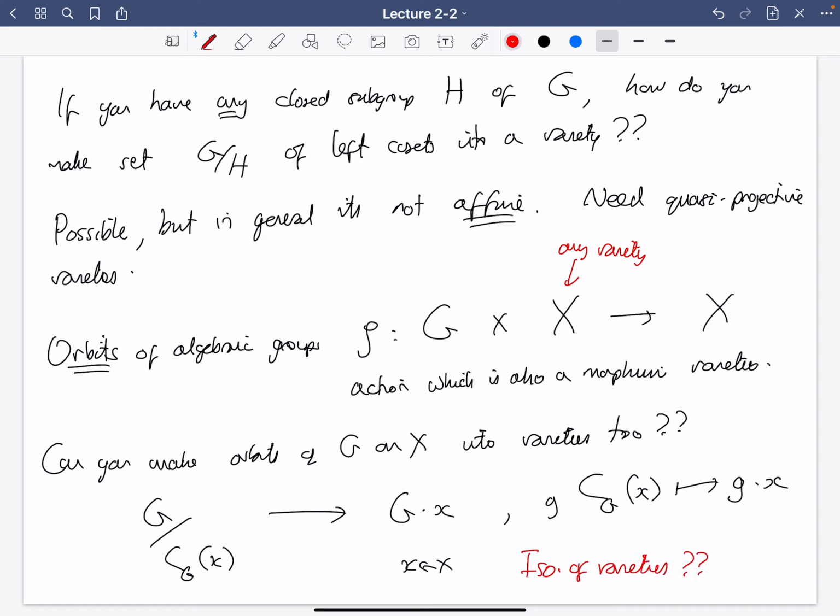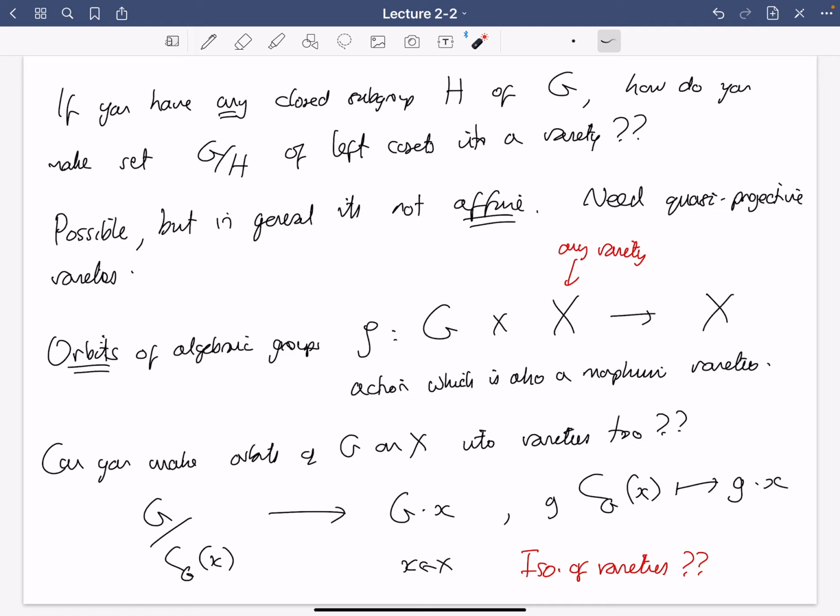On the previous slide, we were discussing these coset spaces when H was a normal subgroup and you're expecting that quotient to be an affine variety. If you go to more general closed subgroups, there's a way to make that coset space into a variety in the appropriate universal way, but you have to leave the world of affine varieties. And then you feel like that space of cosets should be related to orbits if you take your subgroup H to be the stabilizer of some point in an action.